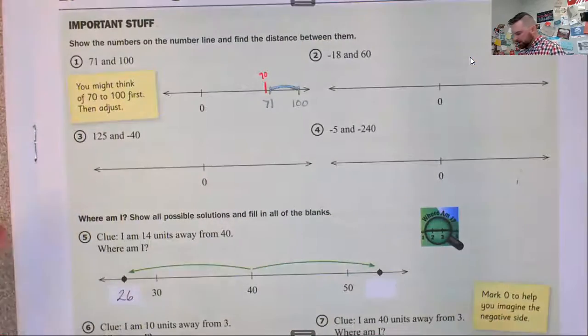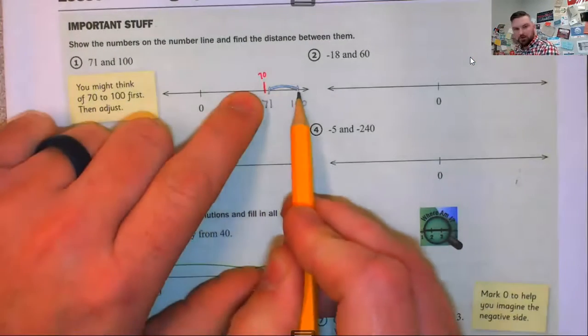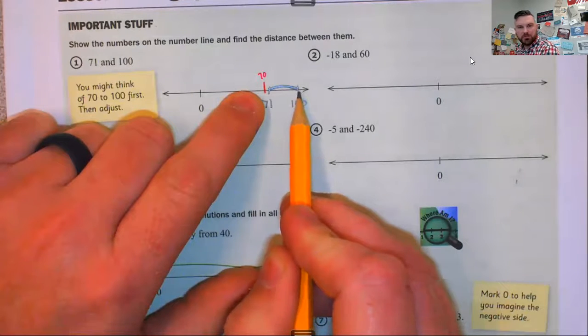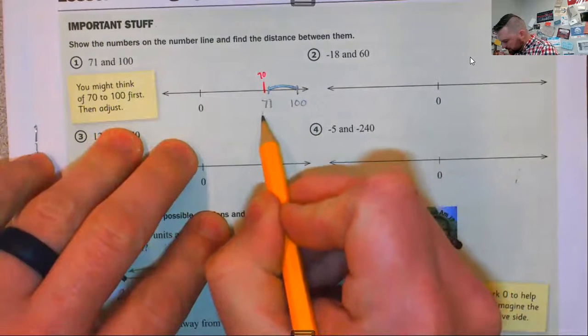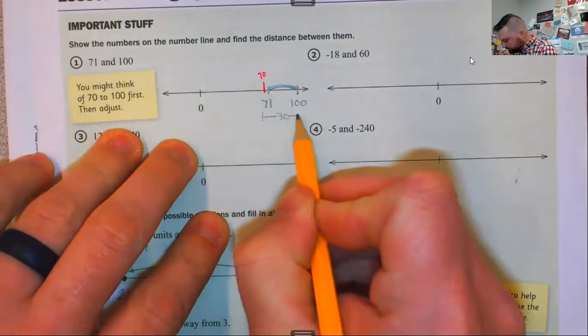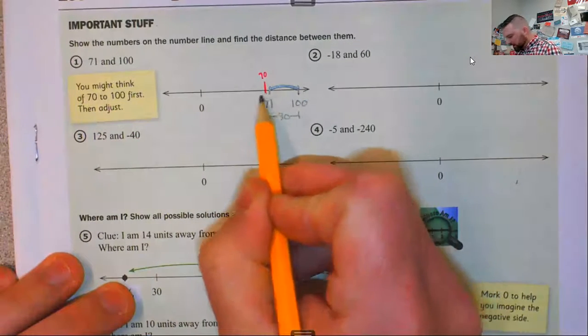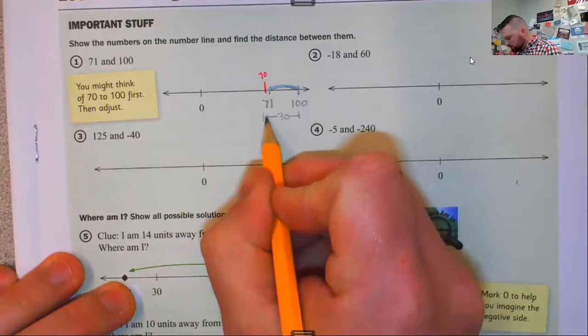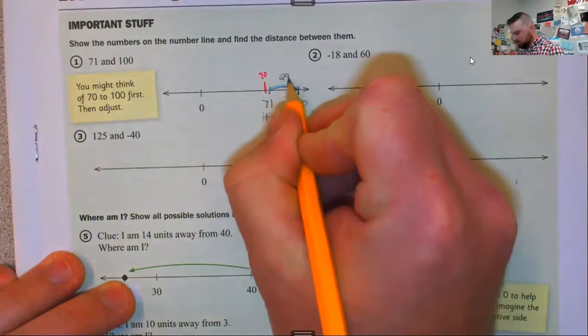And hopefully you know the distance between 70 and 100. Or 100 minus 70. And maybe you know that that distance is 30. Okay, but I need to go one more to the right. So if I go one more to the right, instead of 30, I'm going to have 29.